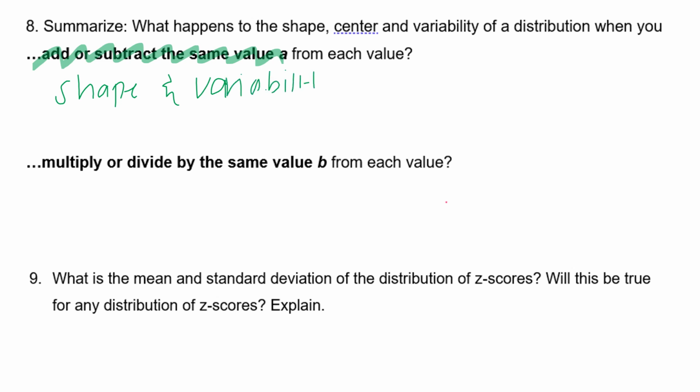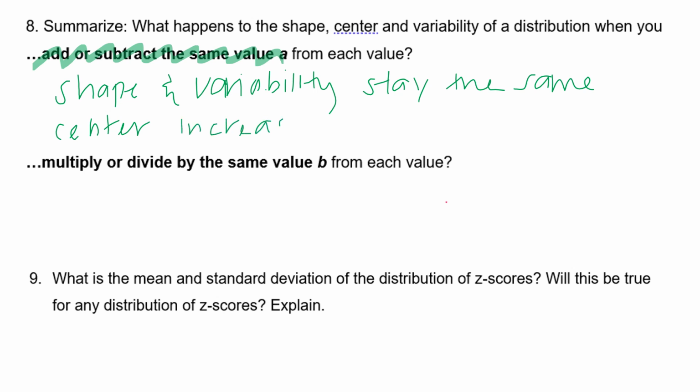And remember, variability is going to be like the range. That's what I'm talking about here, variability, or like the interquartile range if I really wanted to find that. But shape and variability are going to stay the same. The center is the only thing that's going to change, and the center is either going to increase or decrease depending on if you're adding or subtracting. So the center increases if you are adding and would decrease if you are subtracting.